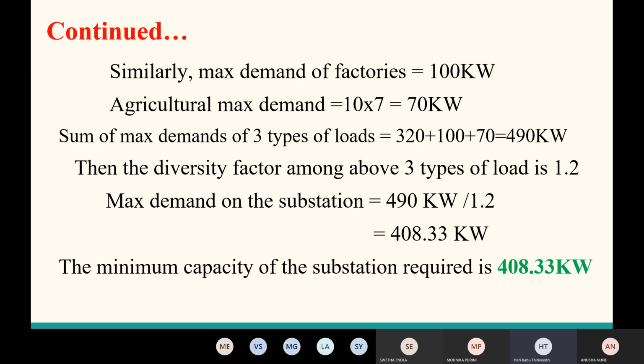They have given the diversity factor of the combined 3 types, that is 1.2, and we need the maximum demand of the station. What is the formula? Diversity factor is equal to the sum of maximum demands divided by the maximum demand of the station.